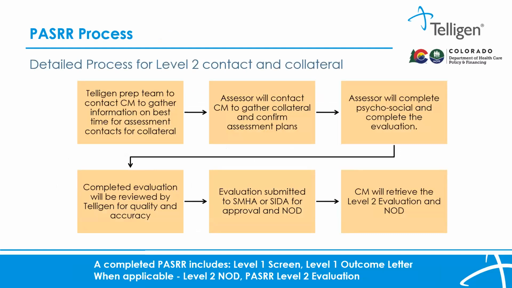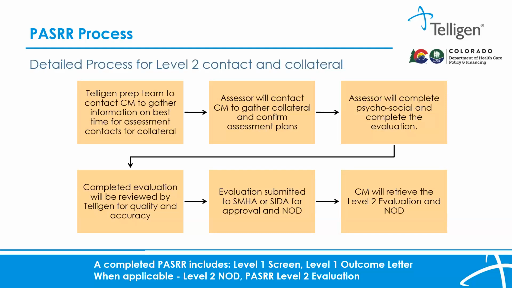So in the first box, we talk about how the Telligen prep team will contact the case manager to gather information on the best time for the assessment and contacts for collateral. This will happen the same day or the day after a level 1 closes and a level 2 is determined as needed. That contact call does depend on the time of day that the level 1 is completed.